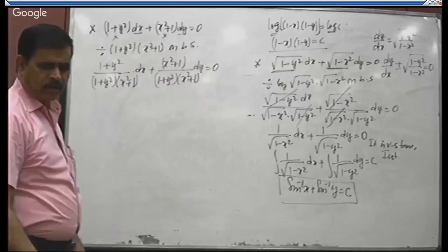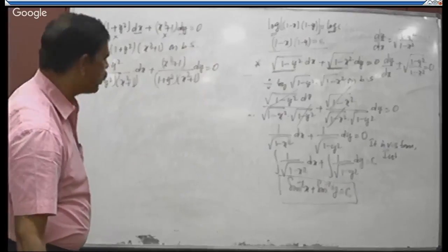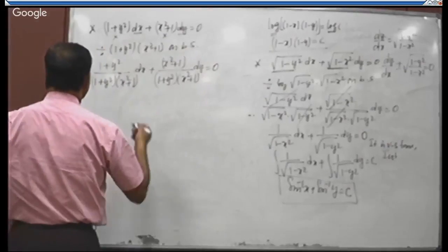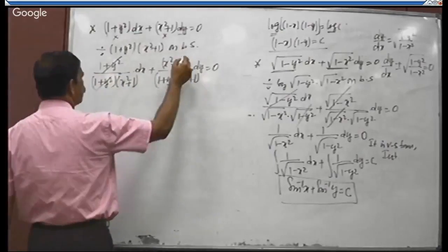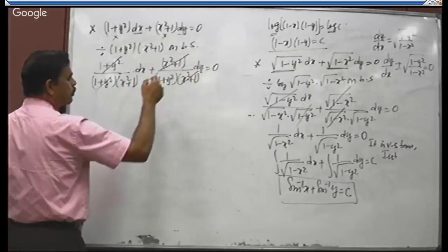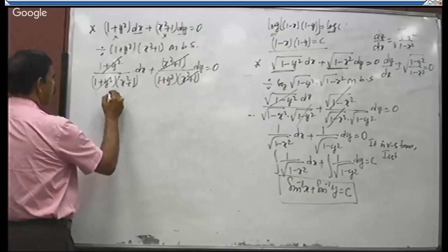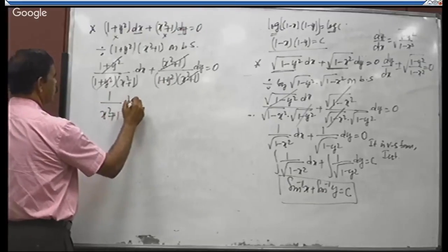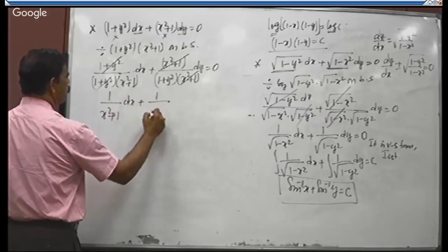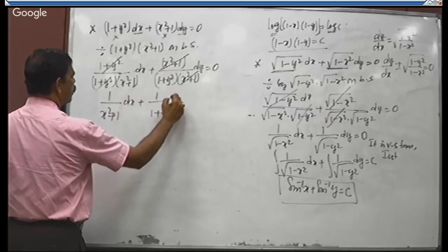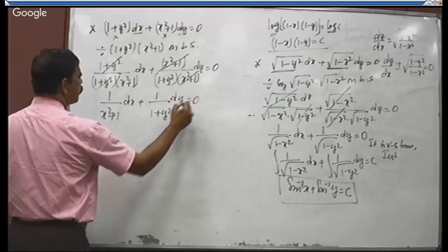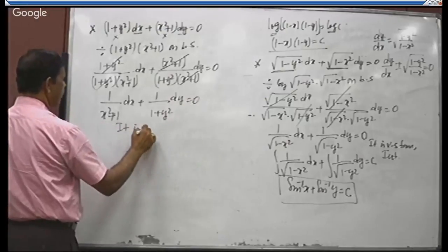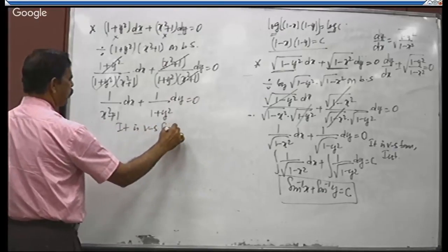Then the common terms at numerator and denominator get cancelled. 1 + y², 1 + y² cancel. These two cancel. What is remaining? 1/(x² + 1) dx + 1/(1 + y²) dy = 0. It is variable separable form.